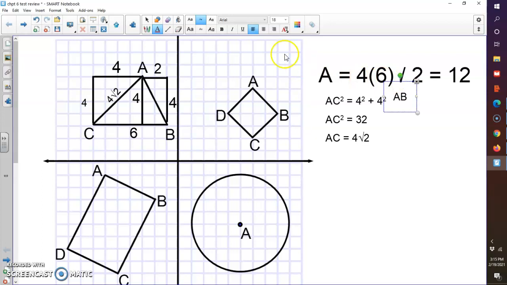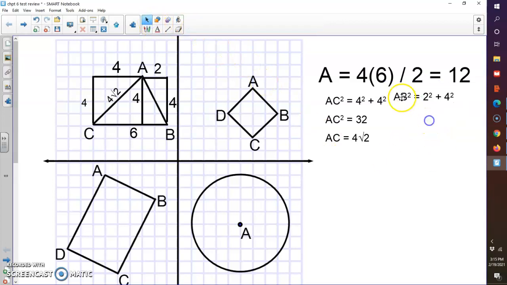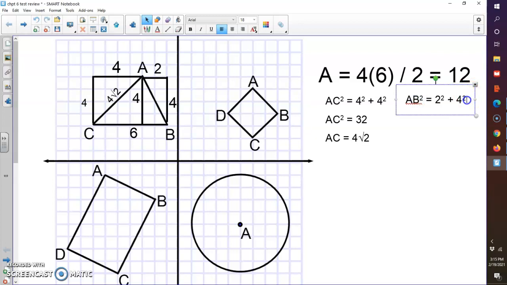AB squared is going to equal 2 squared plus 4 squared and we're going to get AB squared is going to equal 20.